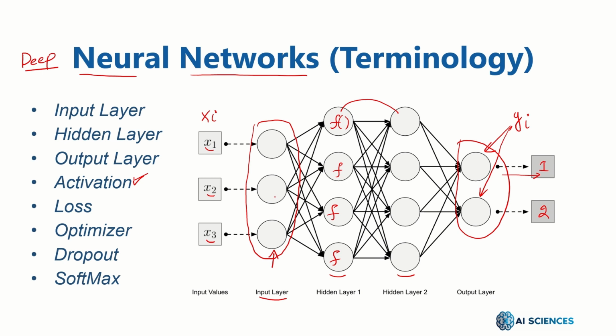Now let's turn back to the point of why this is called deep. A deep neural network is basically one with more than one hidden layer. More and more hidden layers make the neural network more and more deep. It is common these days for neural networks to have hundreds and hundreds of hidden layers.